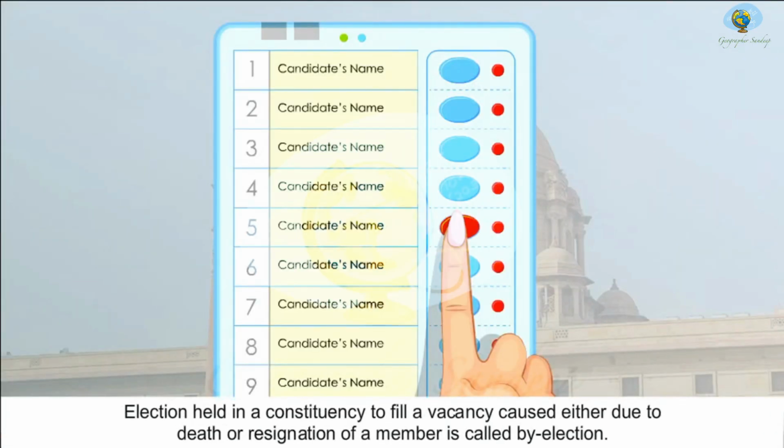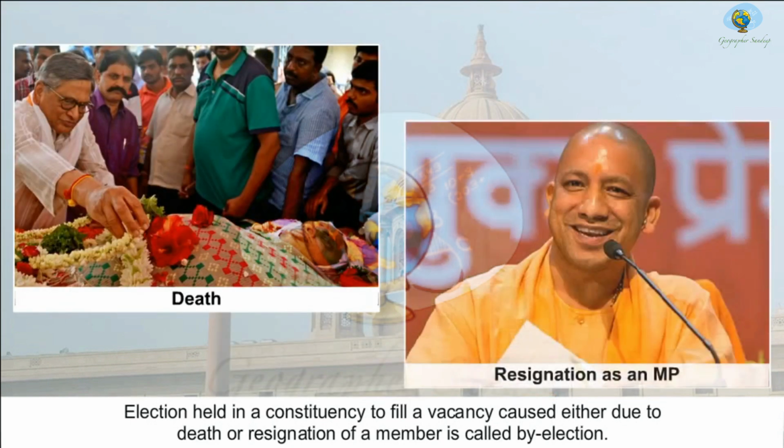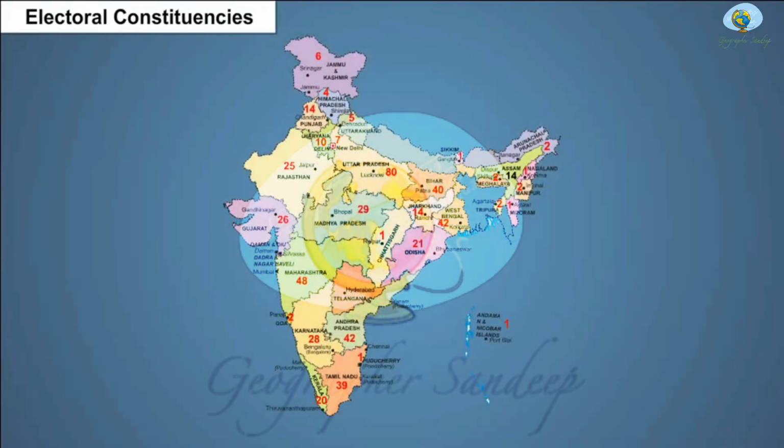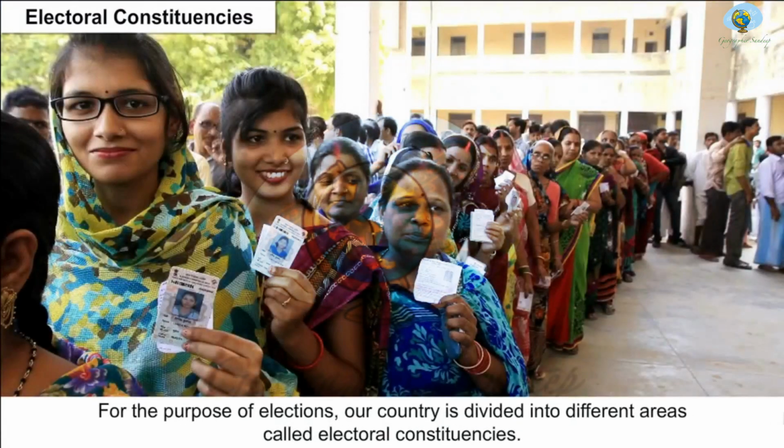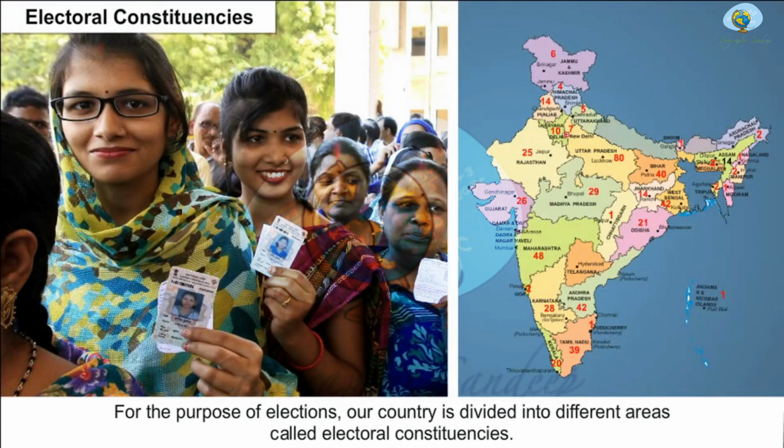An election held in a constituency to fill a vacancy caused either due to death or resignation of a member is called a by-election. Electoral constituencies. For the purpose of elections, our country is divided into different areas called electoral constituencies.